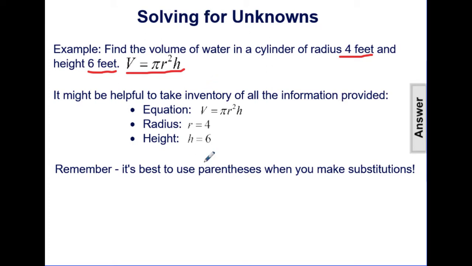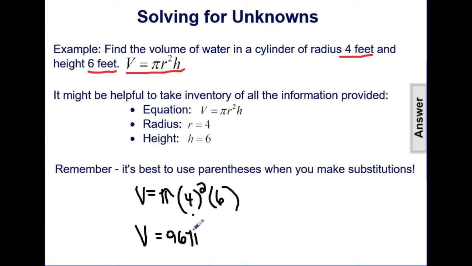So we're going to substitute in: we'll have V equals pi, but no longer r squared, we'll have parentheses 4 squared, and not h, our height is now 6. So here we will have volume equals, well, we can simplify: 4 squared is 16, times 6 is 96 pi, and our unit will be feet cubed.